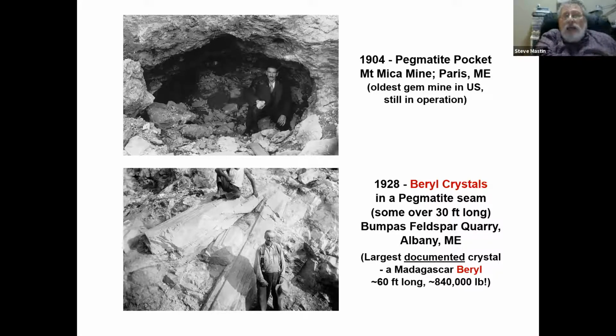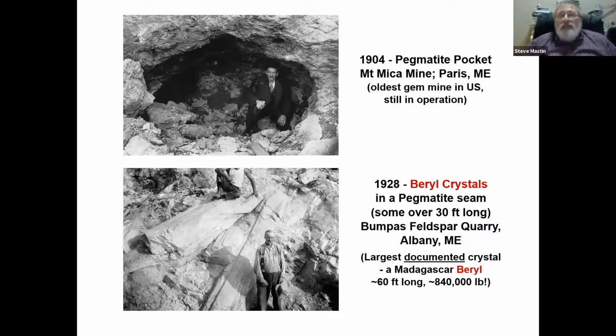Now, you don't have to have a pocket per se. So if you look at the bottom picture, that thing next to the man that's laying on the ground that's got the sharp edges, that's a beryl crystal. And some of the ones in that feldspar quarry, so they were really not looking for beryl, they were looking for all that feldspar because it has all kinds of industrial uses, even though it's not good for gems.